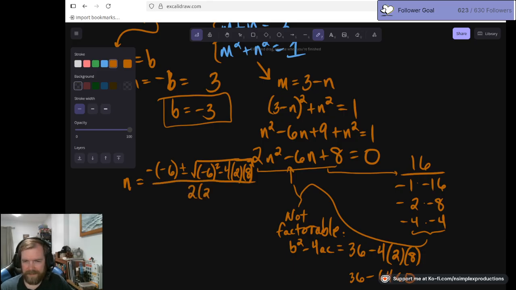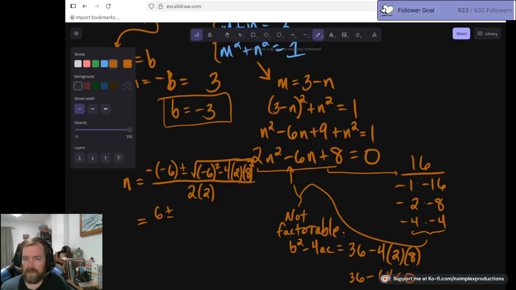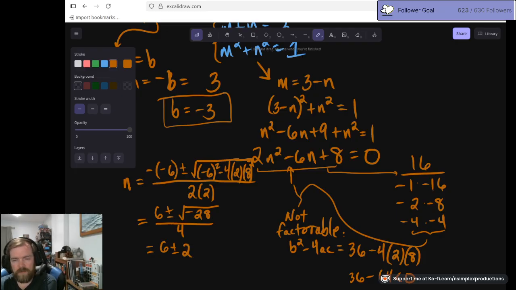The denominator is 2 times 2, so we get 6 plus or minus the square root of, this was again 36 minus 64, so we're going to get negative 28, over 4. This is equal to 6 plus or minus, 28 has a 4 in it, which is going to become 2 root 7, and we're going to get an i for the negative on the inside, all divided by 4.